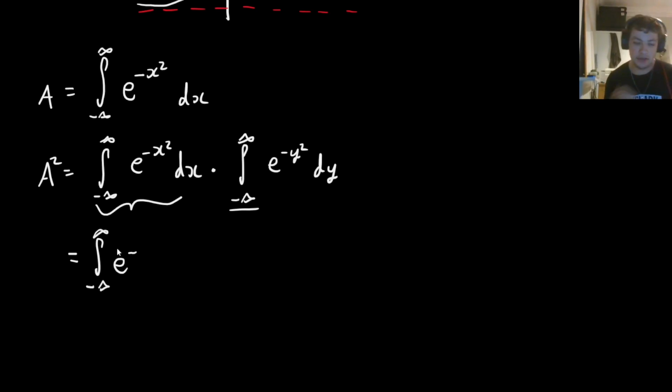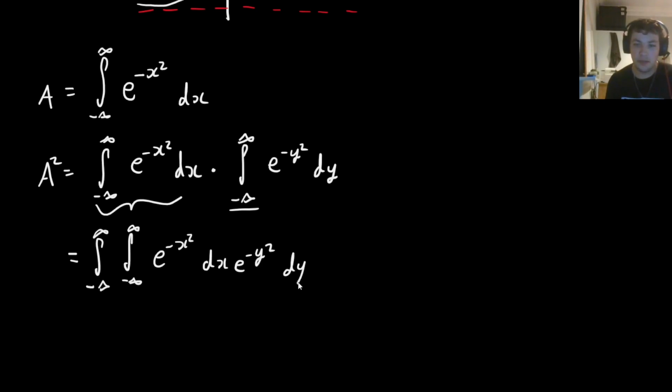Of the integral from negative infinity to infinity of e to the negative x squared dx, e to the negative y squared dy, but then we can also swap these two around, because that dx integral sees e to the negative y squared as just a number, because we're performing the x integral first with y constant, so we can say this is e to the negative y squared dx dy.